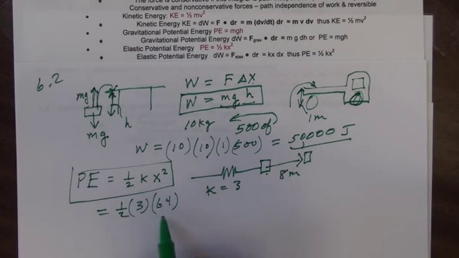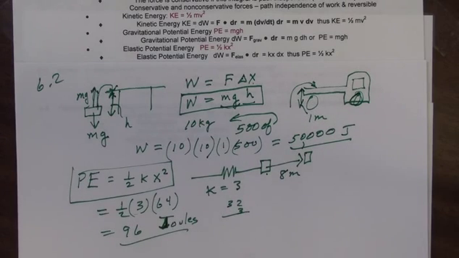You'll notice that it squares. Half of that is 32. So 32 times 3 would be 96. So we have 96 joules of energy. And that tells us how much energy we have by virtue of storing it in the spring.